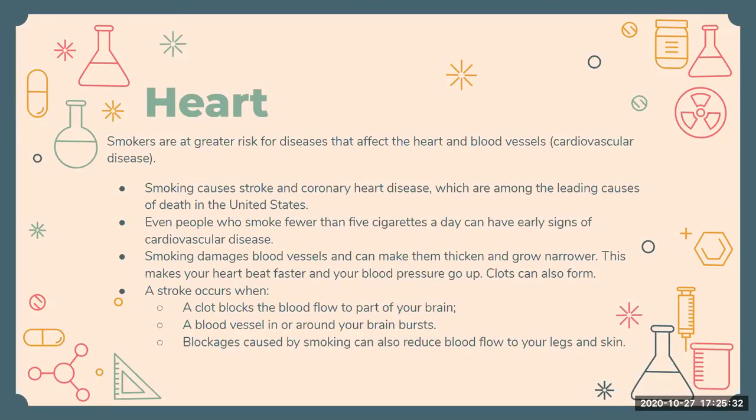This makes your heart beat faster and your blood pressure go up. Clots can also form. A stroke occurs when a clot blocks the flow to part of your brain, or a blood vessel in or around your brain bursts. Blockages caused by smoking also reduce blood flow to your legs and skin.